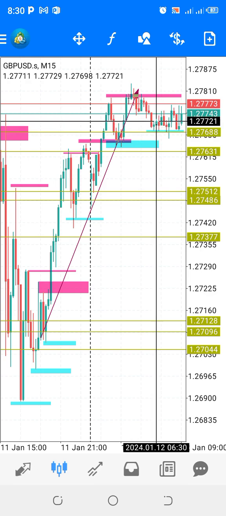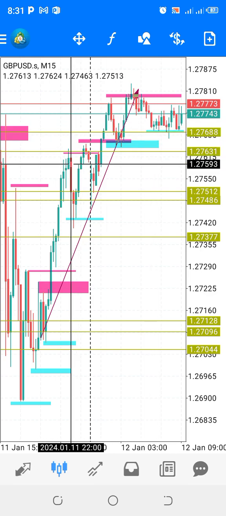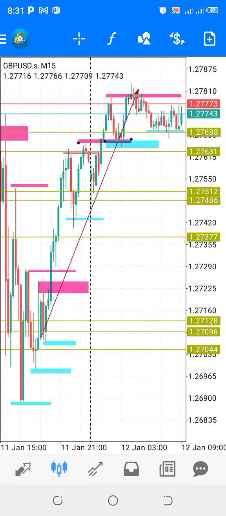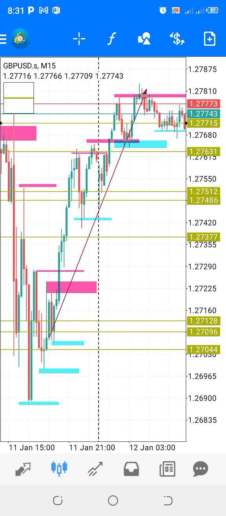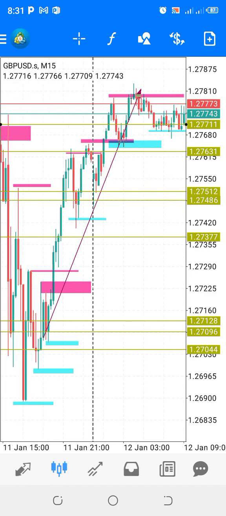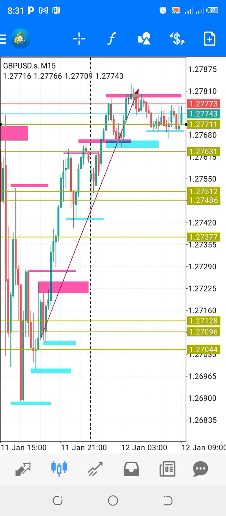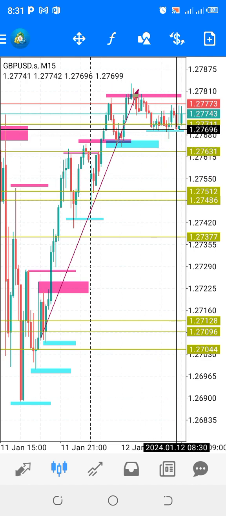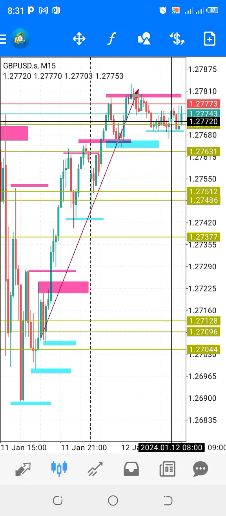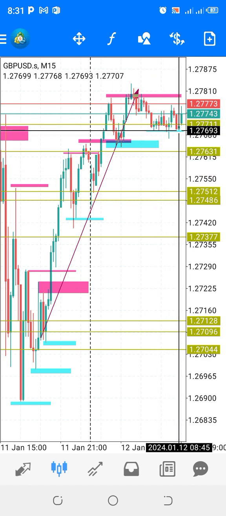Then we have a new turning point close to it. So let's move the nearest turning point to that new turning point, because the market will always react to the most recent event. So we have the new turning point when we watch for consolidation and correction. You can see here how the market reacts.